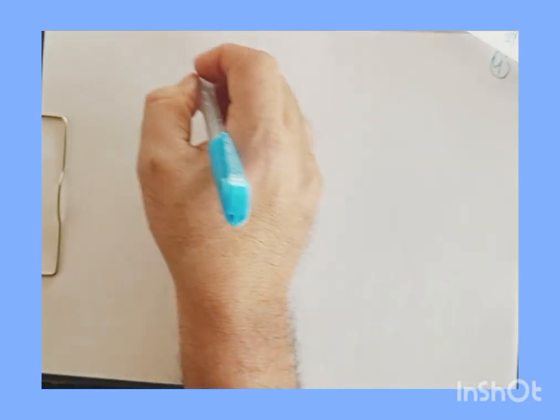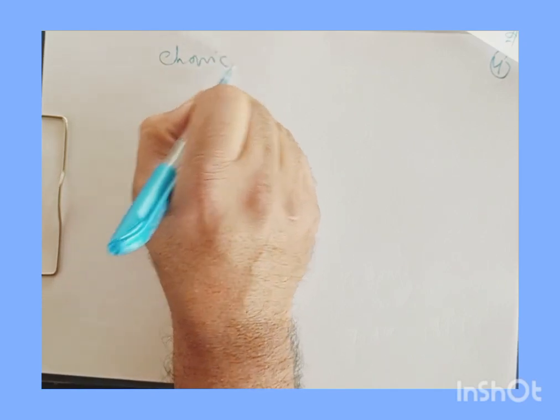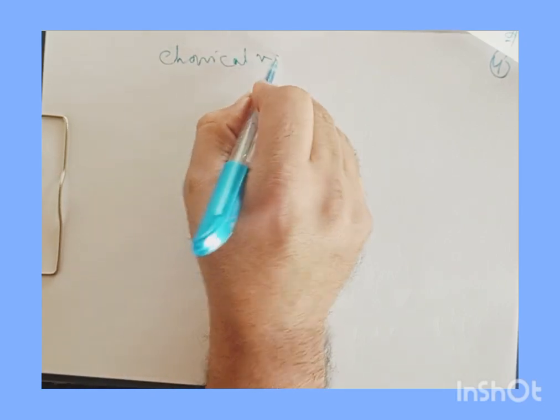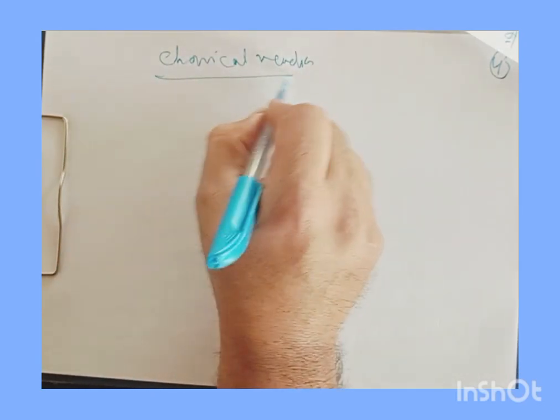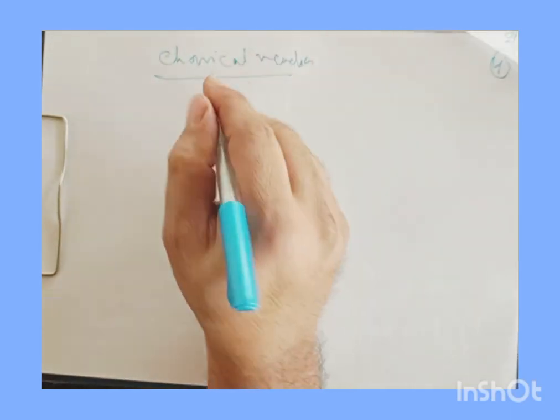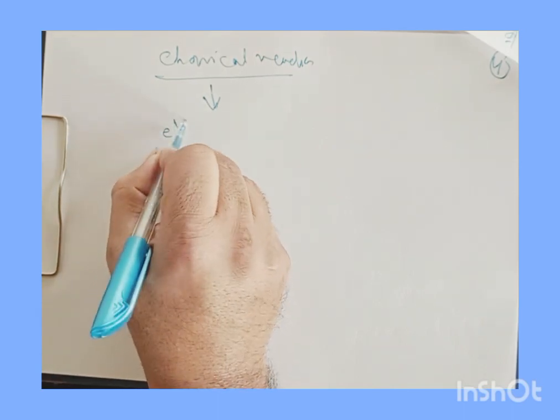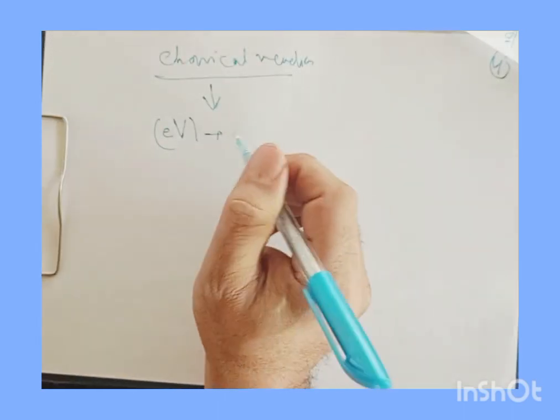And in a chemical reaction, energy is absorbed or released, right? So if you have a chemical reaction, you have energy absorbed or released. And that energy absorbed or released is very small, and it is in electron volts, as we understand it.